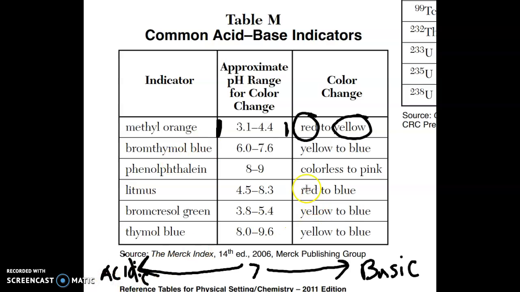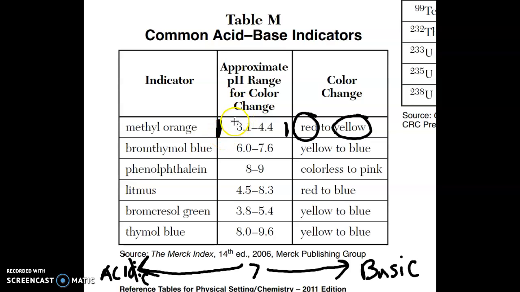So the way that you use an indicator is that you have to be outside of this range. If you're between 3.1 and 4.4, you're going to be a mix of red and yellow. That could indicate to you that you are between that range, but usually people use indicators for when you are on either end of the spectrum.